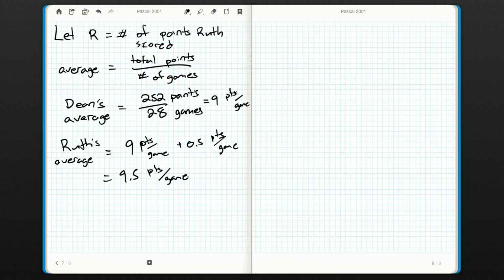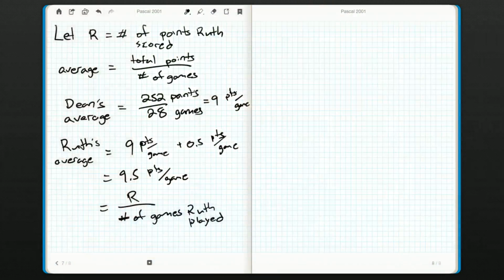Okay. And we also know that this is going to be R, the value we want, over the number of games Ruth played. So, is there any way we can get the number of games Ruth played? Yes, there is. We were told in the question.